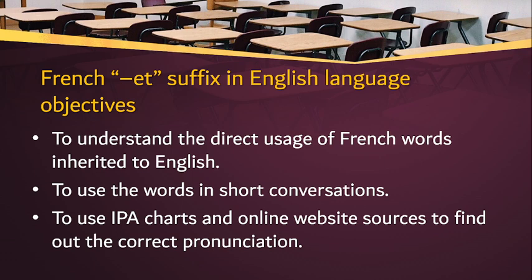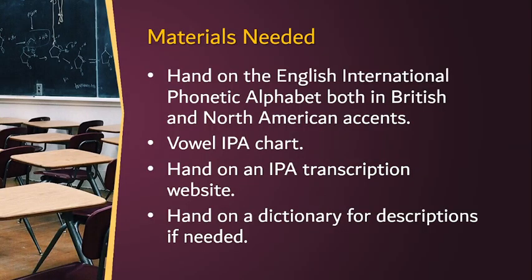Okay, so let's start. The materials needed are, first, the English International Phonetic Alphabet, both in British and North American accents. You can find it following the link at the end of the presentation, and you can have all the resources that you're going to need for this class.